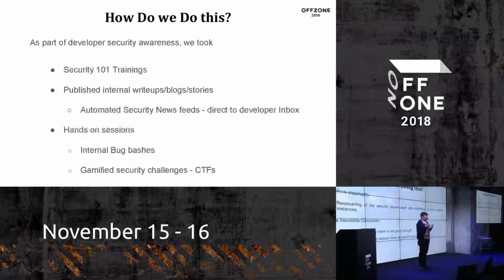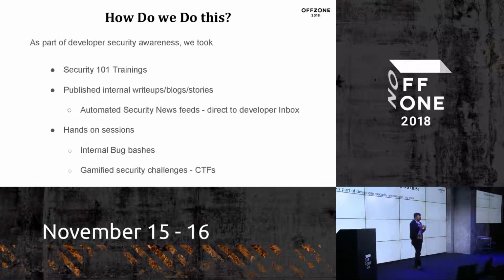So how do we do that? Exactly. As part of our security team, what we have done is we have taken security 101 trainings. These are basically trainings where the developers are put together and we explain all the top 10 vulnerabilities from OWASP. And we tell them, hey, this is the bug, this is how it will be exploited, this is how you have to fix it.